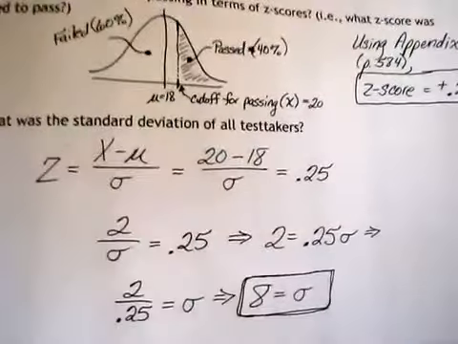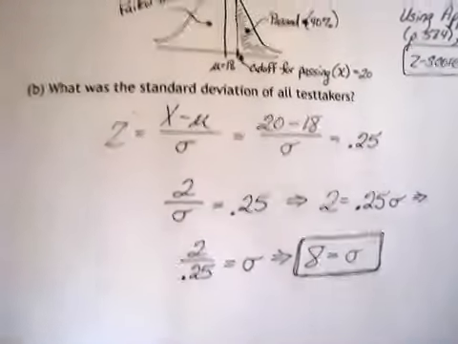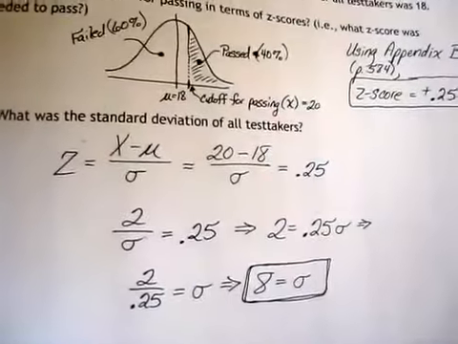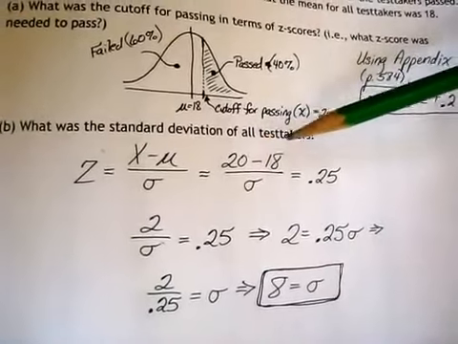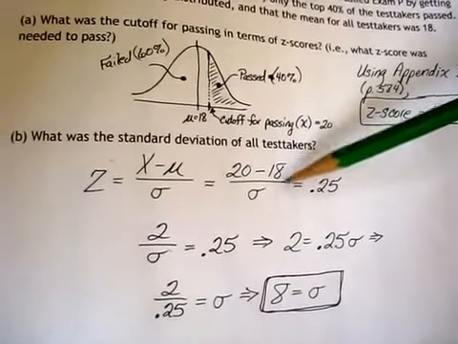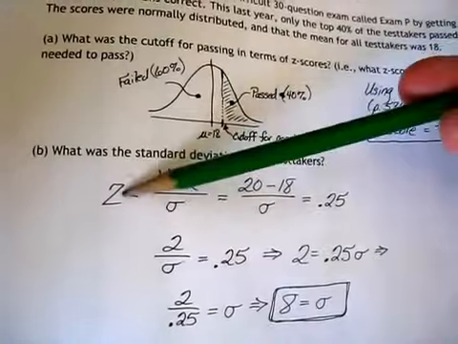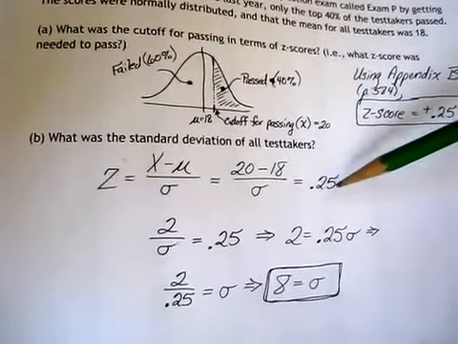Part B then is just using that formula that we looked at in class a few times, z equals x minus the mean over the standard deviation. So we know that the cutoff score is 20, the mean is 18, we don't know the standard deviation, and we do know that z is positive 0.25 because we just figured that out.